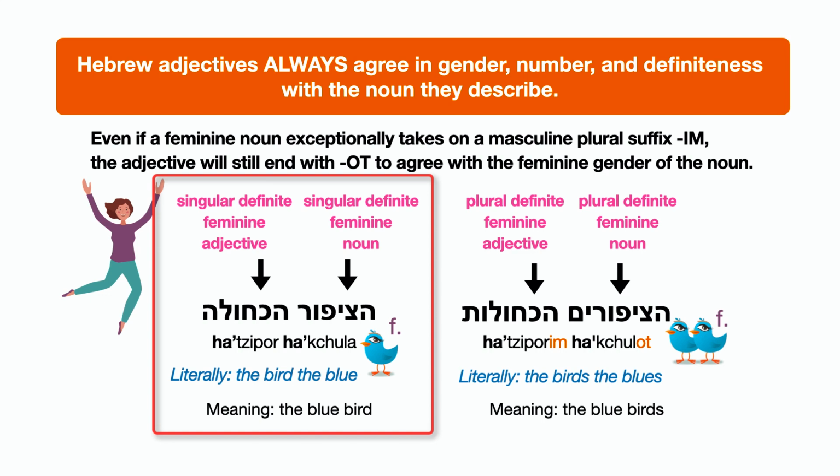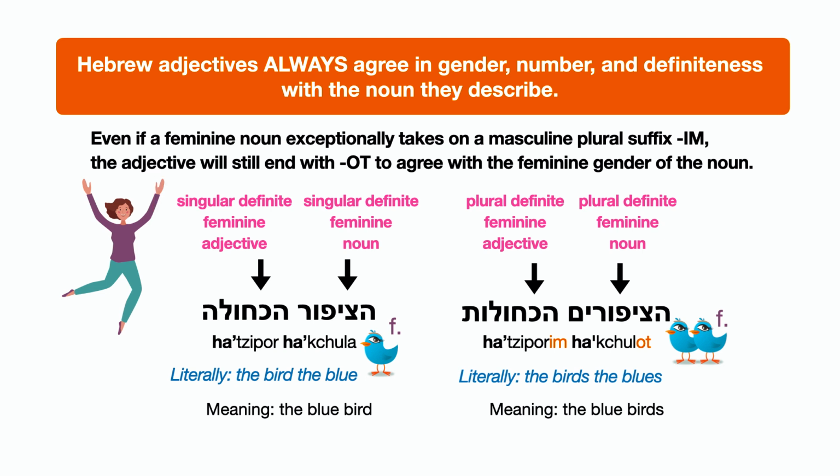So, hatzipor, ha means the, the bird, hatzipor, the blue one, hachula, hatzipor hachula. That's how we say the bluebird in Hebrew, because it's a definite bird. We're talking about a particular bluebird. That bluebird, hatzipor hachula.